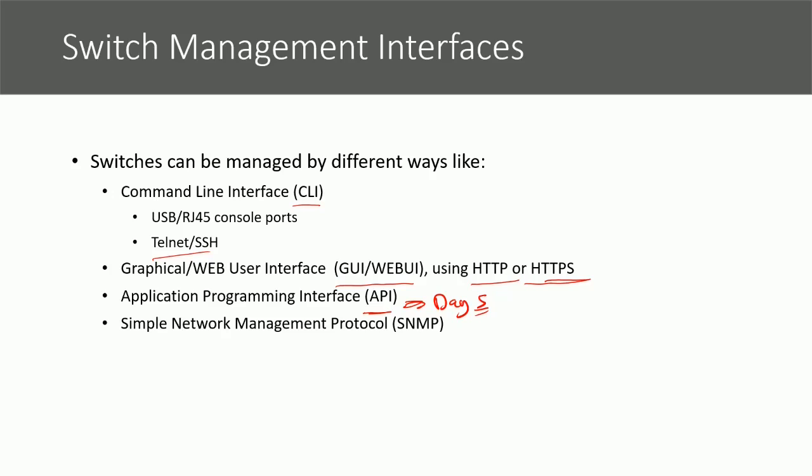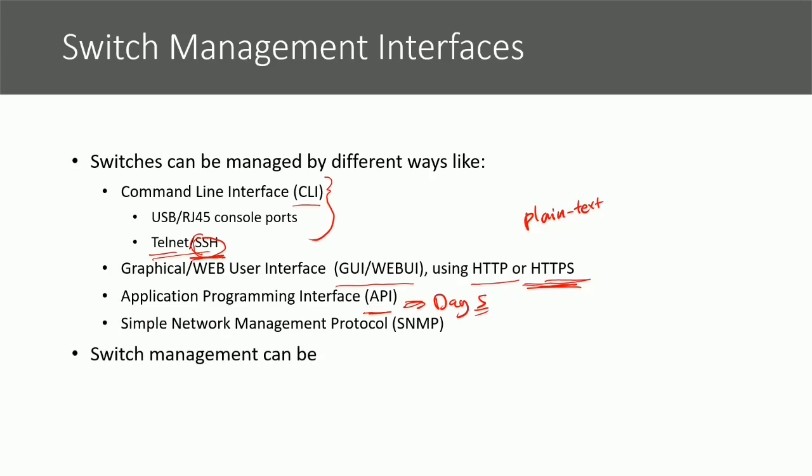In this module or in this video today, our main focus will be on CLI using console port or Telnet or SSH. SSH is more secure than Telnet because SSH provides encryption, while Telnet sends the traffic as plain text, and as I discussed before, plain text means not encrypted, and this makes the traffic available for anyone who captures it to read it and understand it.